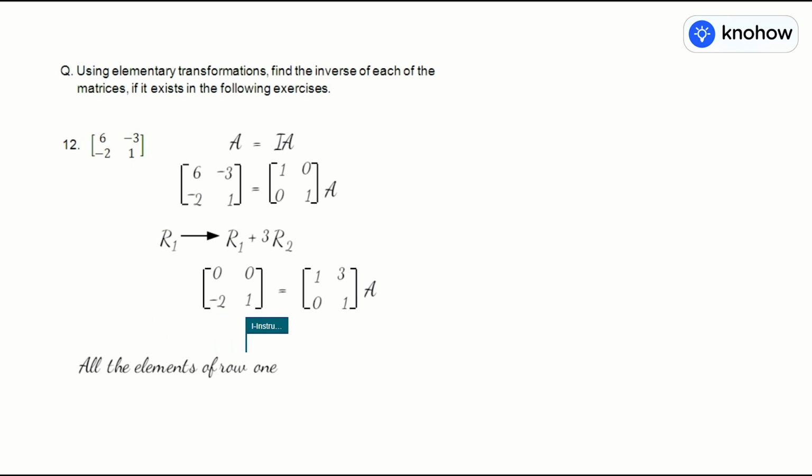So we conclude that A inverse does not exist. I told you in the beginning that when we are applying elementary row or column transformations, in the process, if all the elements of any one row or column become 0, then A inverse does not exist.